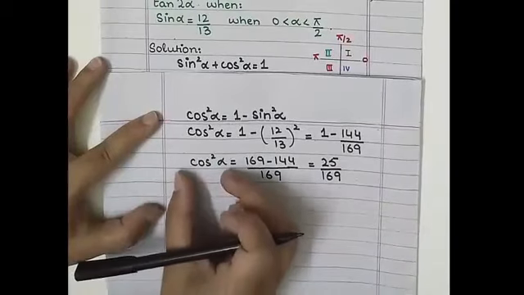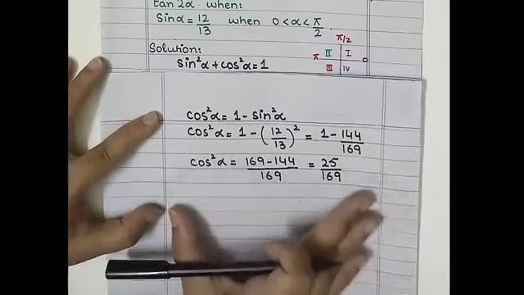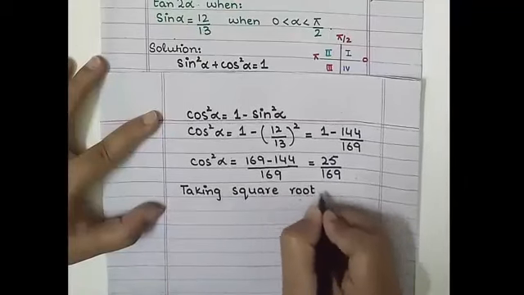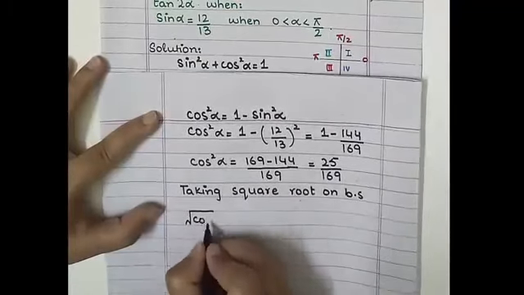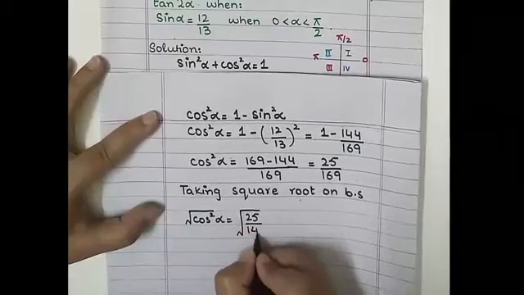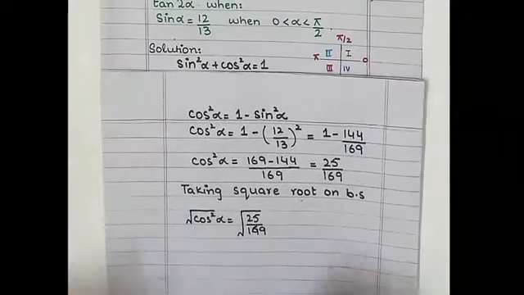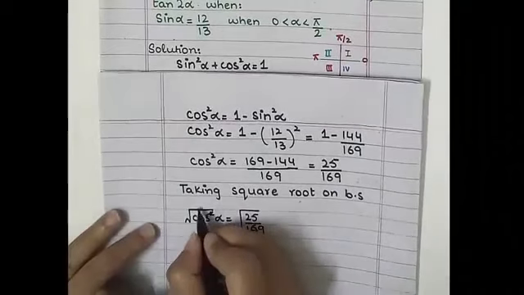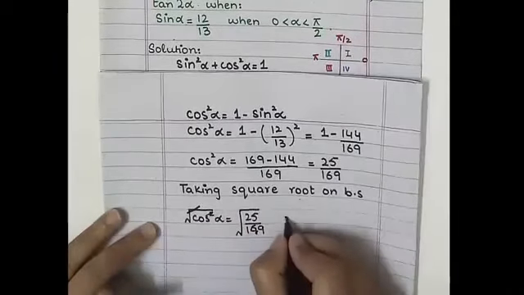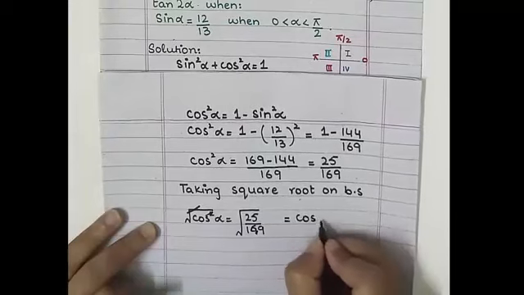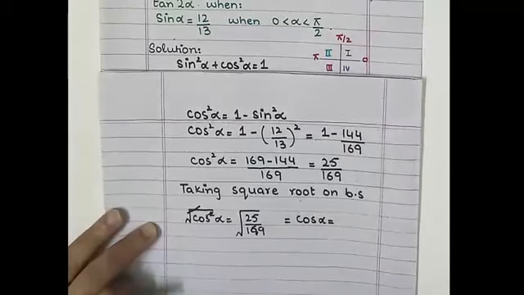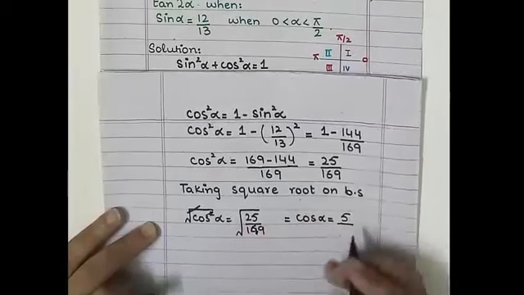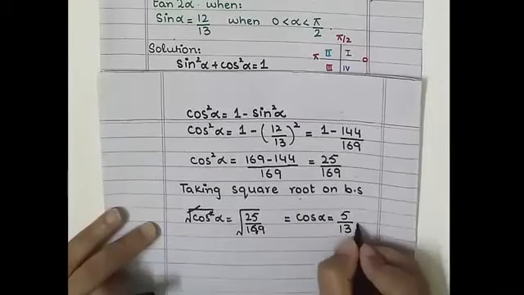But we want the value of cos alpha simply, so we will take the square root on both sides. The square will be cancelled out with the square root and we have cos alpha is equal to 5 over 13, since the square root of 169 is 13.